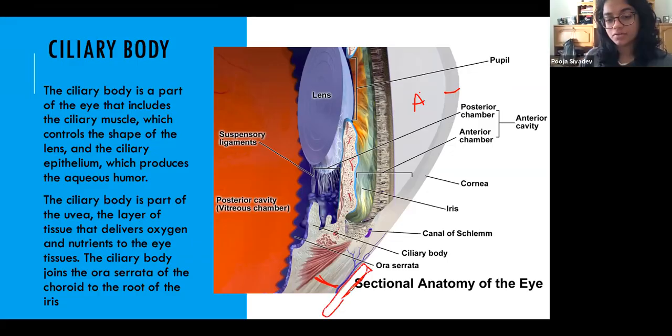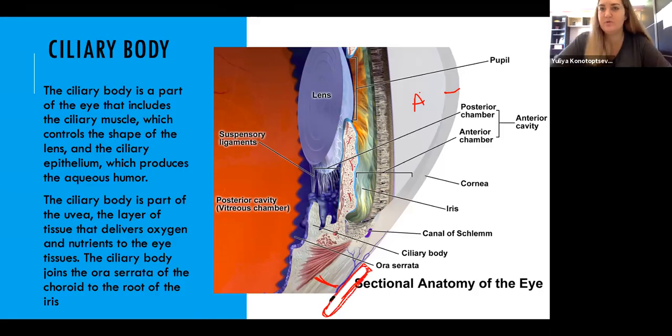Conjunctiva. Specifically, bulbar conjunctiva. Behind the anterior chamber is the area where the iris will be. The hole in the iris is known as the pupil. Behind the pupil, you see the lens, the magnifying glass, right?